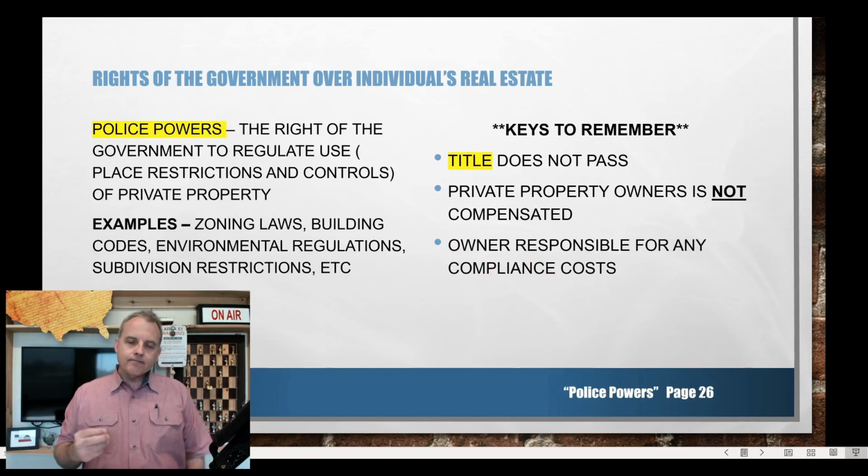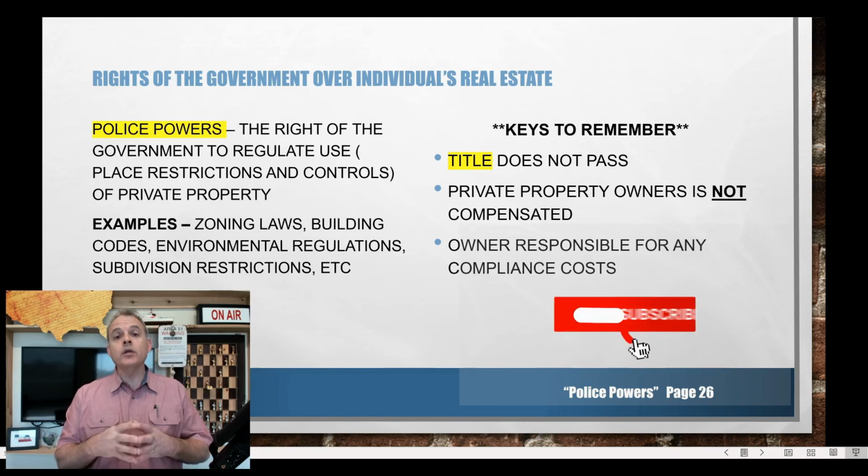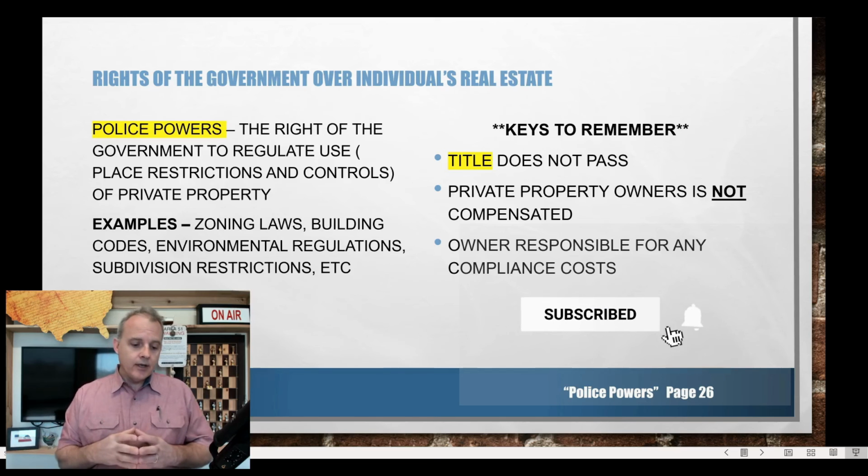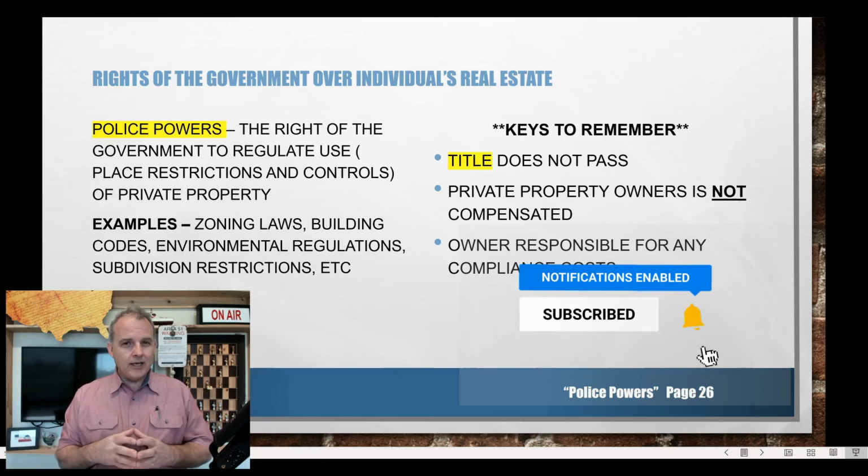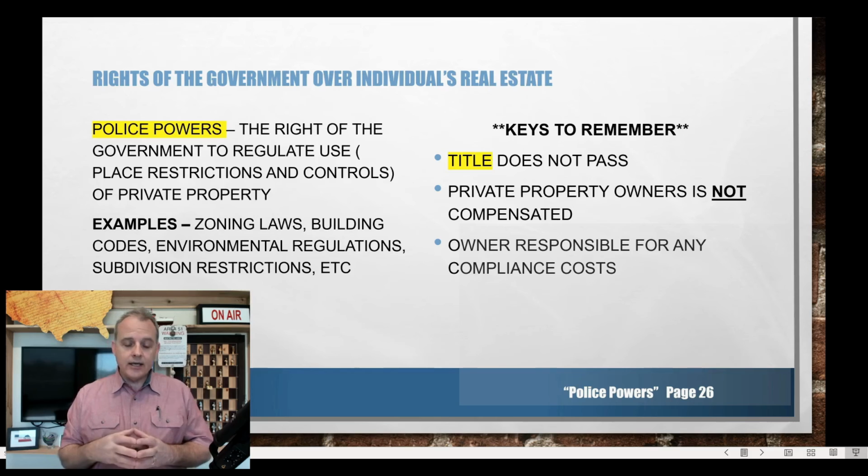The last, number 4 of 4, where the government has control over real estate or personal property, is police powers. Now, the doctrine of police powers over the last 30 years has grown substantially, particularly in environmental areas and things like the Endangered Species Act.